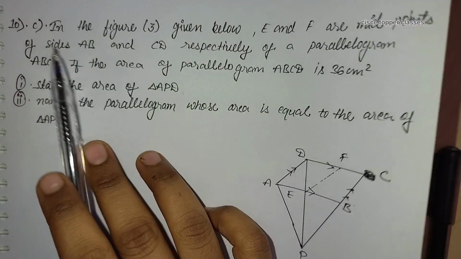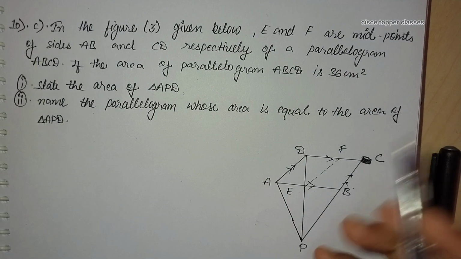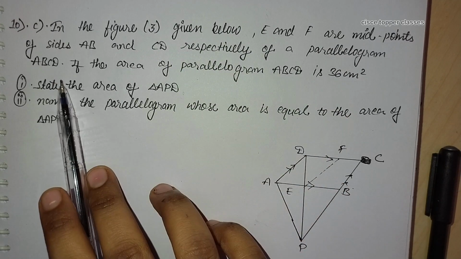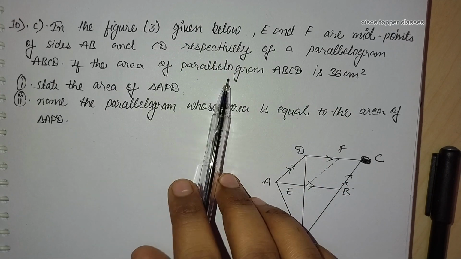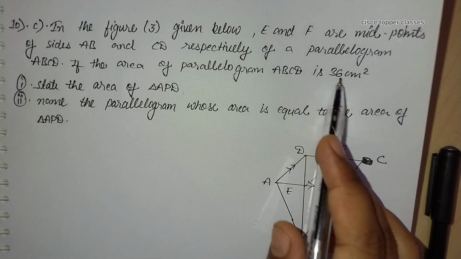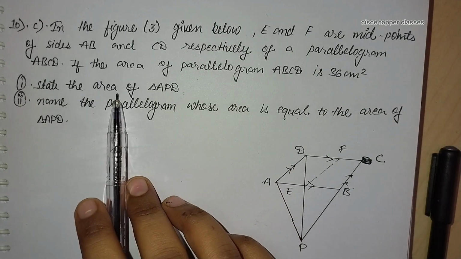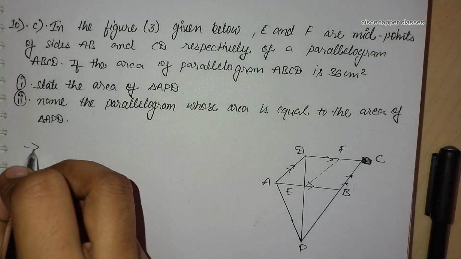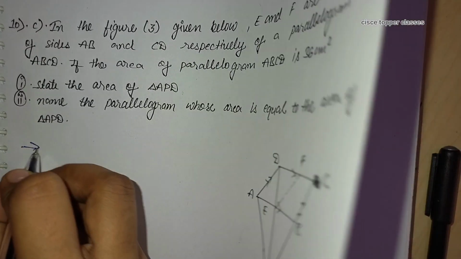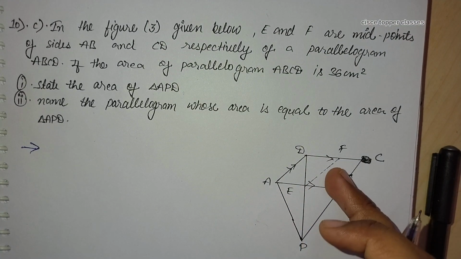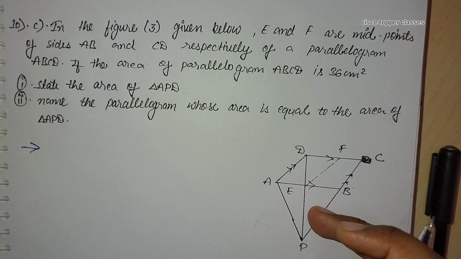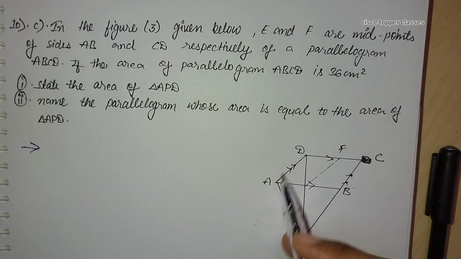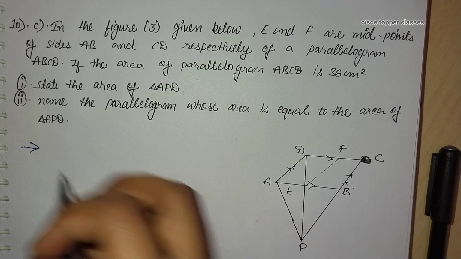Now let us solve 10th third part. In the figure given below, E and F are midpoints of AB and CD respectively of a parallelogram ABCD. If the area of parallelogram ABCD is 36 centimeters square, then state the area of triangle APD. So here we have to find the value of APD, as triangle APD and parallelogram ABCD are on the same base and between the same parallel lines.